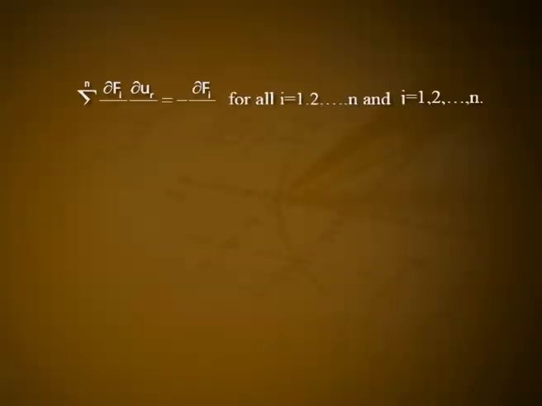In general, differentiating F_i = 0 partially with respect to x_j for i = 1, 2, 3, ..., n and j = 1, 2, 3, ..., n, we get the sum over r = 1 to n of ∂F_i/∂u_r · ∂u_r/∂x_j = -∂F_i/∂x_j for all i = 1, 2, 3, ..., n and j = 1, 2, 3, ..., n.